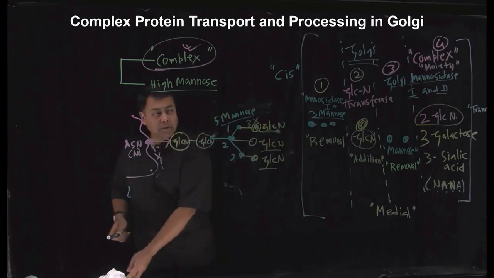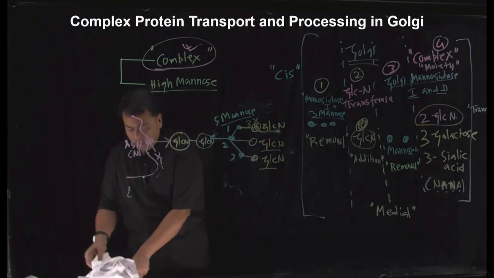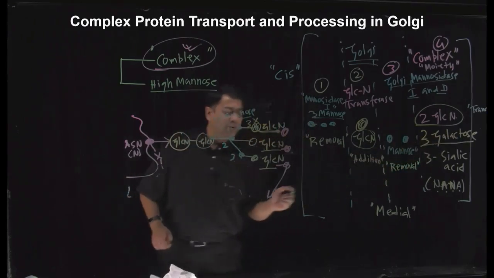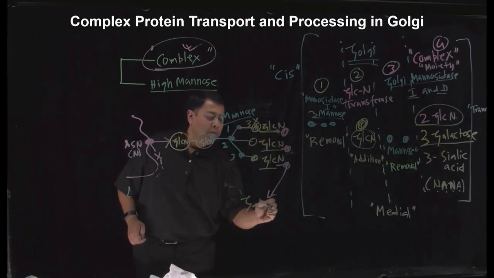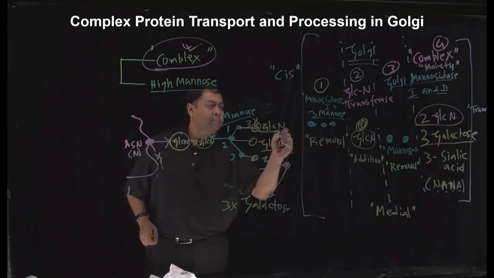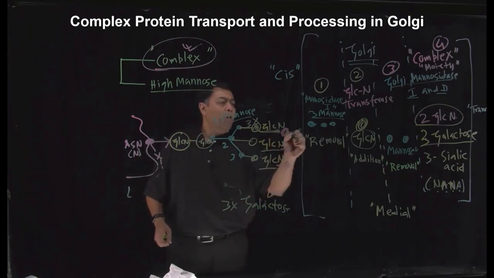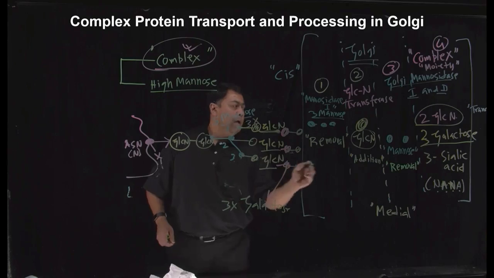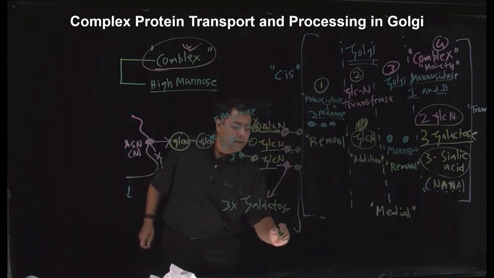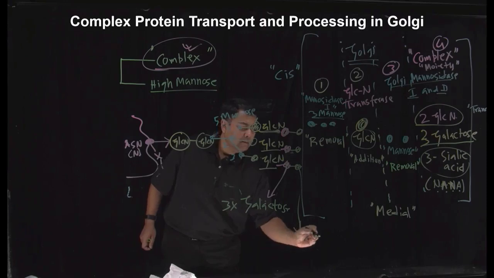On top of that, what you are going to add, the second part will be the galactose. So you have the 3 galactose added next. So these will be the galactose. On top of that, you will have the 3 sialic acids.